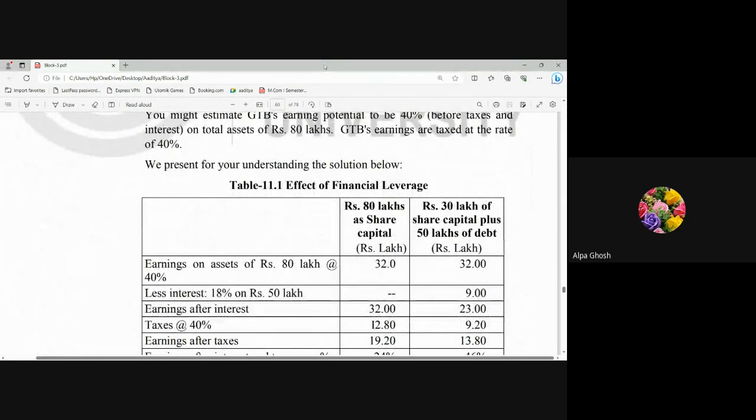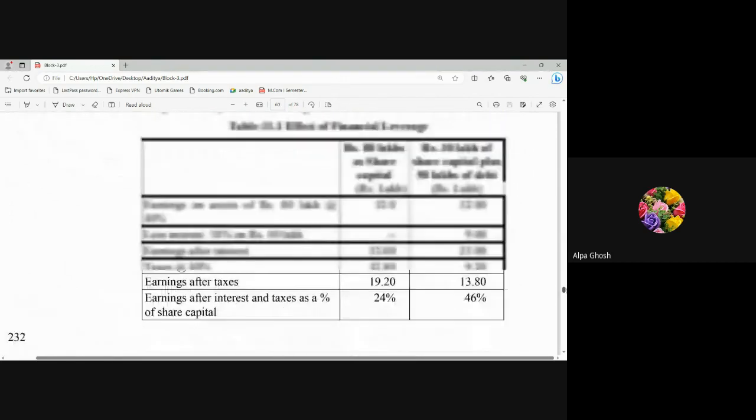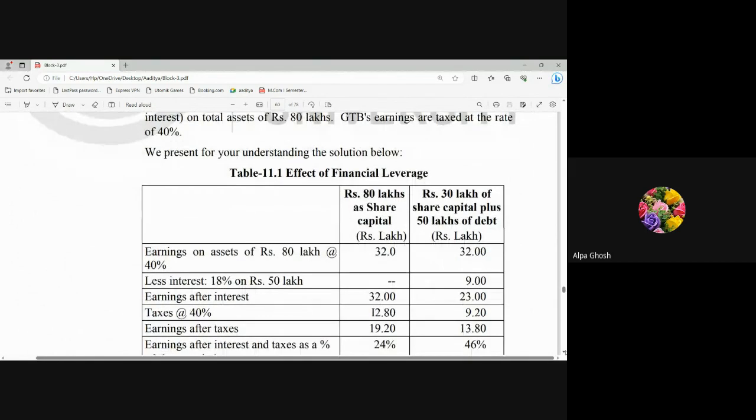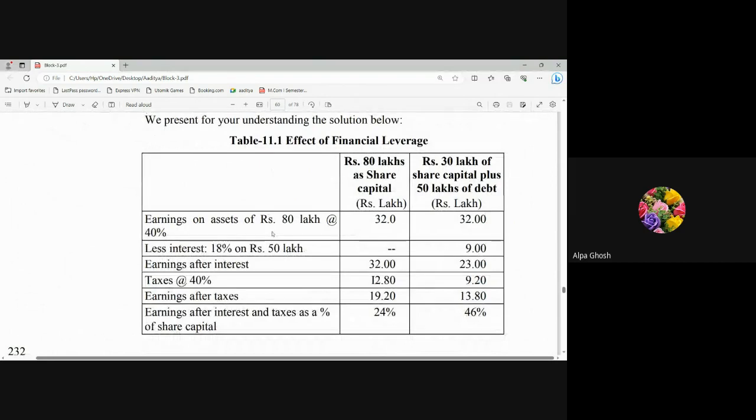We can understand financial leverage with a suitable example. We have earnings on assets of rupees 80 lakh at 40%. So we have two options of capital structure. The first is rupees 80 lakhs as share capital.